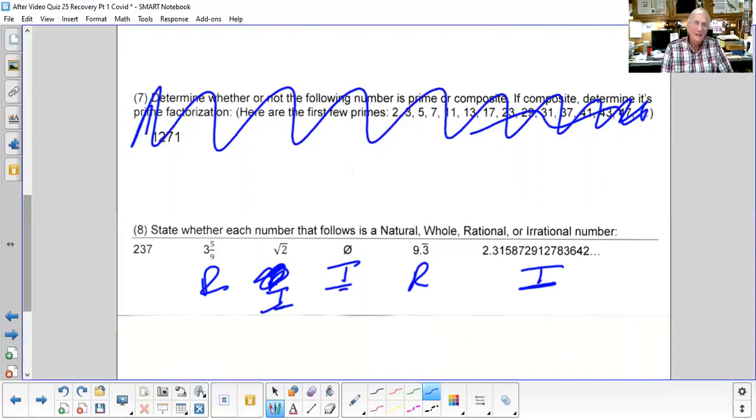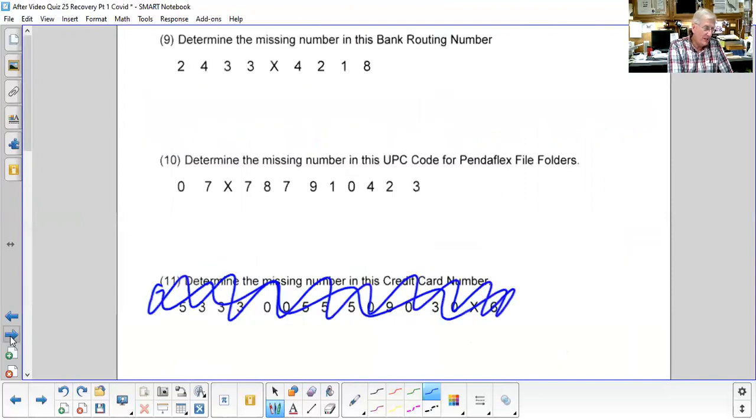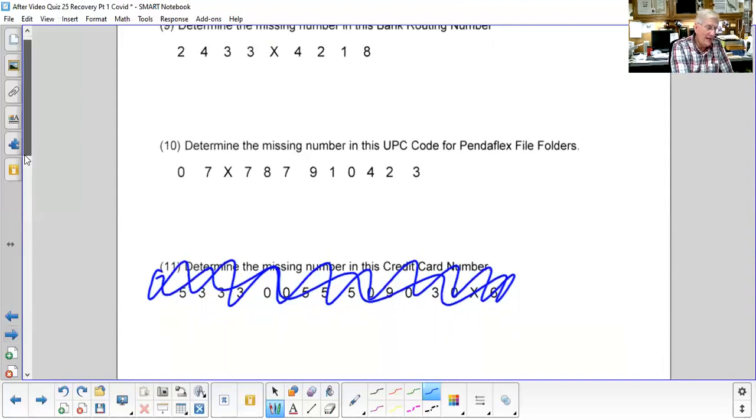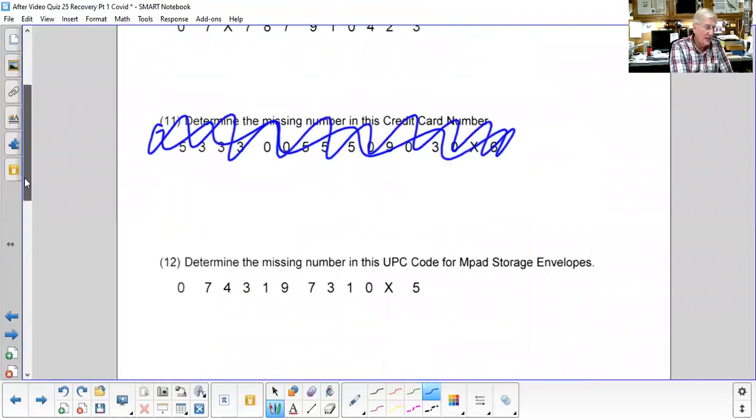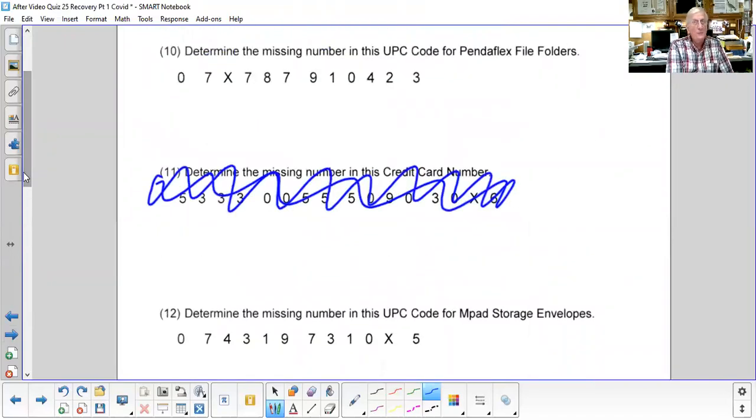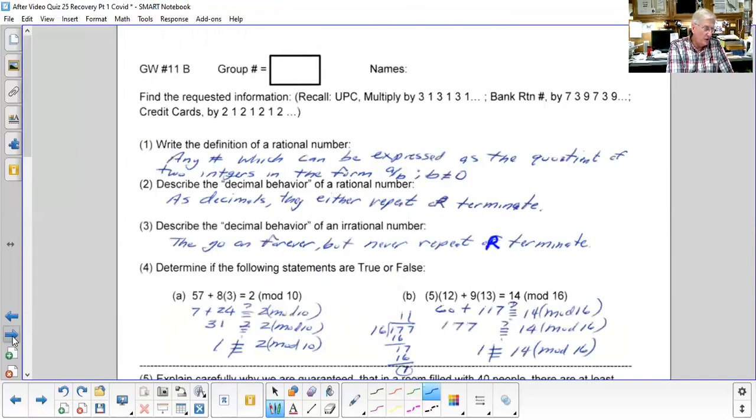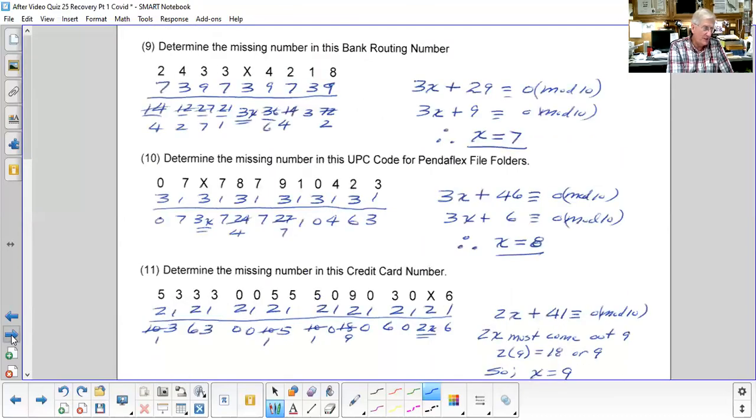Okay, let's go to the back of the sheet, or your second page. Determine the missing number in this bank routing number. You had to do a UPC code, and you had to do 2 other ones. I tell you what I'm going to do. I think probably you're pretty good at these right now. So let me just switch over to the answer sheet here.